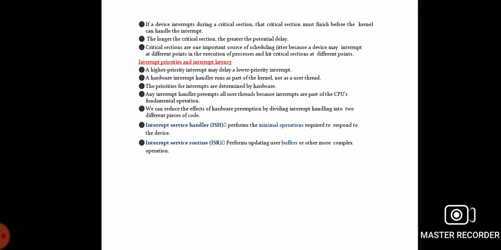The priorities of the interrupts are determined by hardware. Interrupt handlers have priority over all user threads, because the interrupt is part of the CPU's fundamental operations.